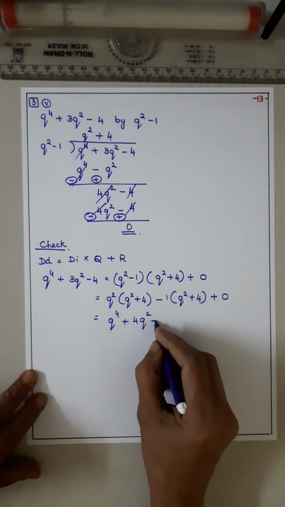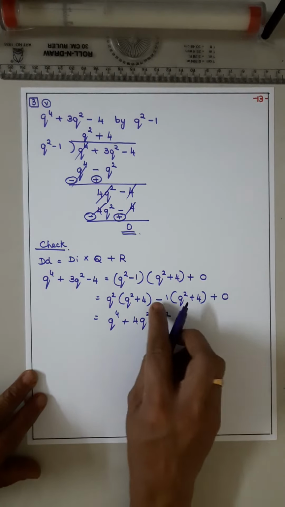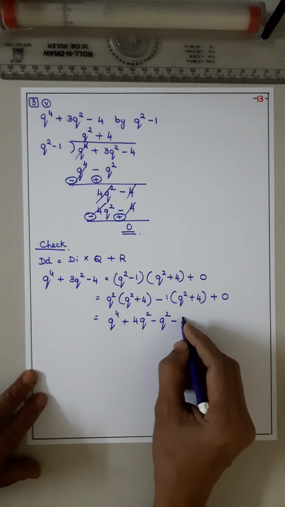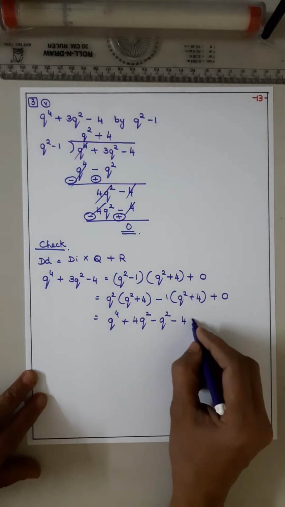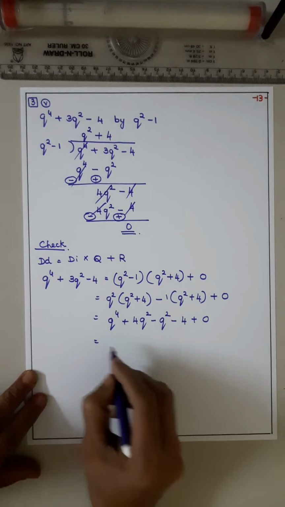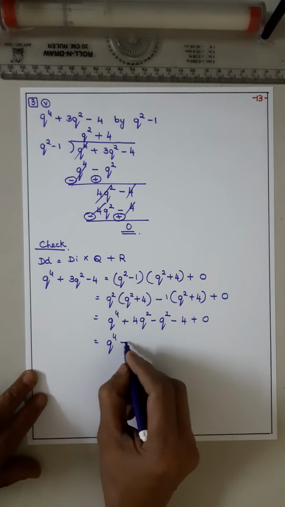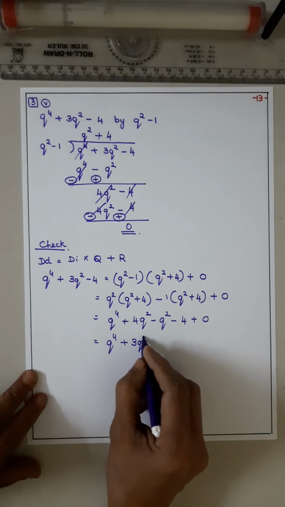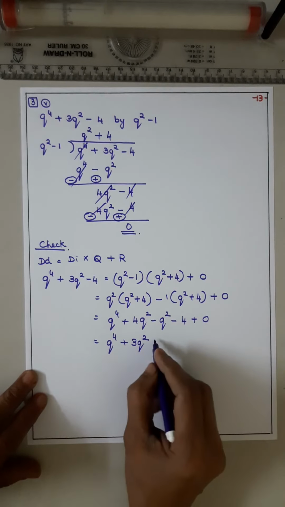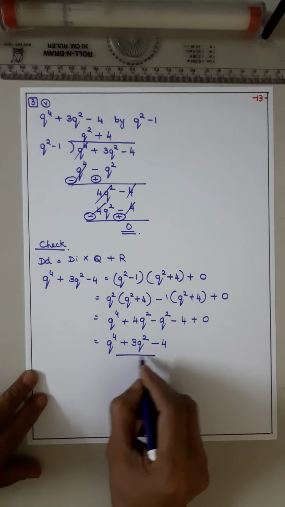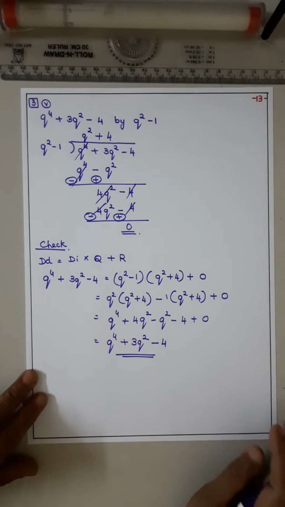This one minus q squared and minus 4 plus 0. q to the power 4, 4 minus 1, 3, that is 3q squared minus 4 plus 0, minus 4. Same.